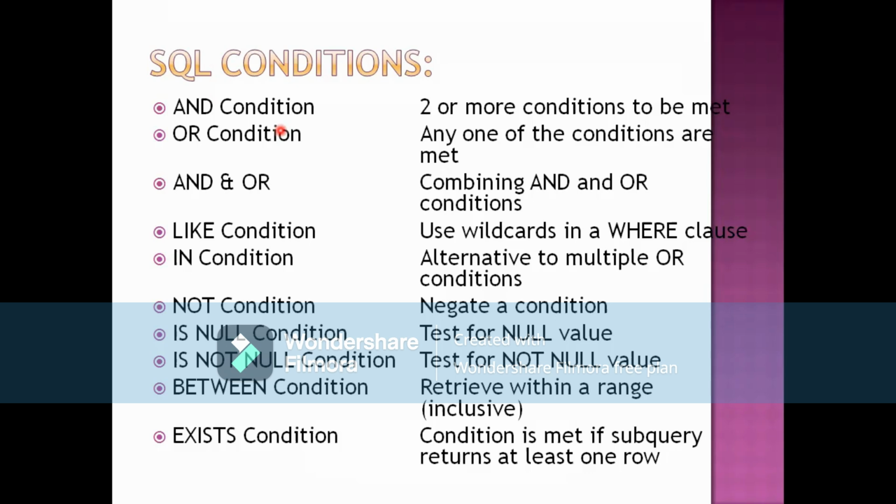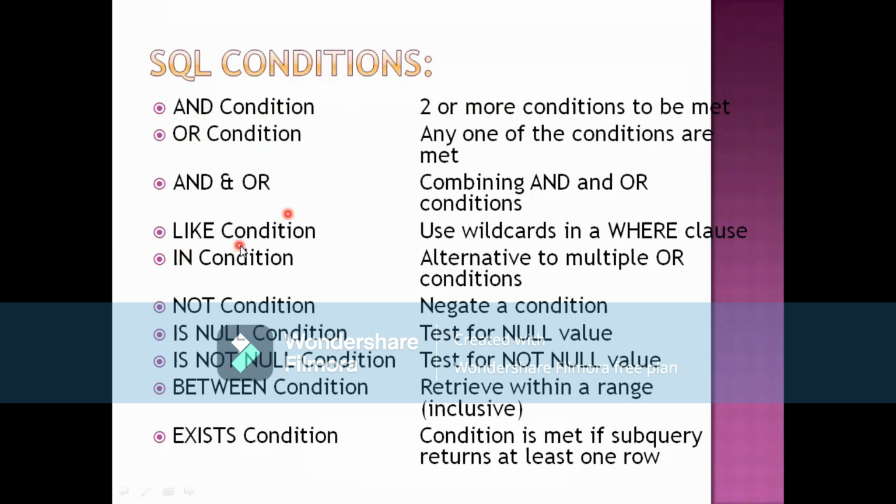The AND condition means two or more conditions must be satisfied, and only then it returns true. The OR condition means if any one condition is satisfied, it will be true. The AND condition means both conditions are satisfied. The OR condition means only one condition needs to be satisfied. The AND-OR condition is a combination of AND and OR conditions.